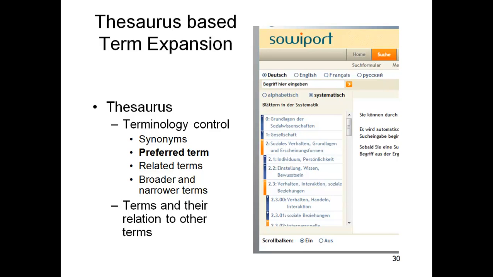What is term expansion now? Knowledge-based term expansion based on a thesaurus. Here is an example. Remember the original function of the thesaurus, as we discussed it in manual indexing, was consistent indexing among a group of people. Right?